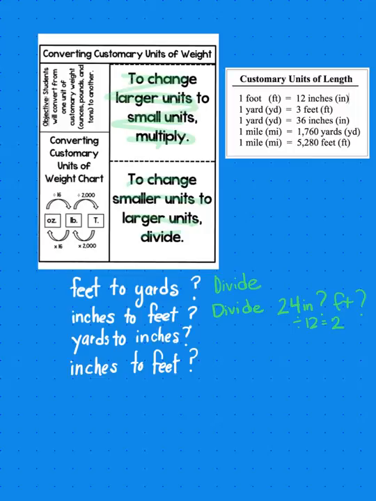If I'm going from yards to inches, that means I'm going to be multiplying, because yards is a larger unit going to a smaller unit. So I'm going to multiply. We already did inches to feet, so we're done with that one.